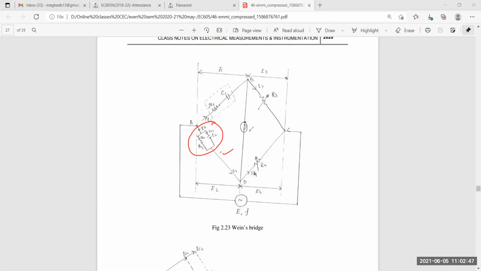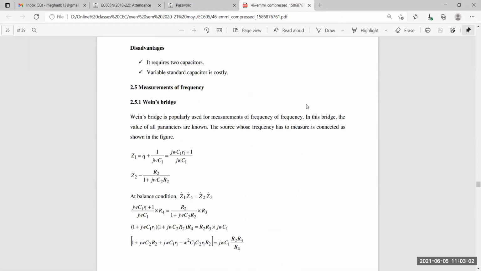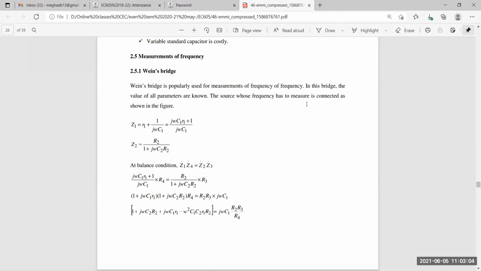Whatever you do, the result will be the same. Here R3 and R4 are the variable resistances. Now let us check the equations, what they have done here. You can follow any one of them. These notes I have uploaded. Here again Z1 and Z2 are found, and ultimately you have to equate the real and the imaginary part.